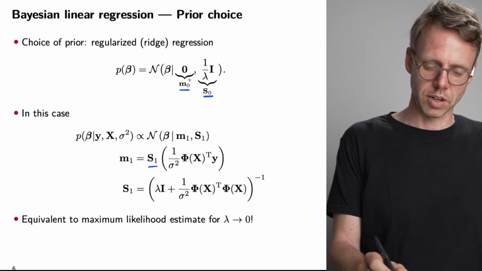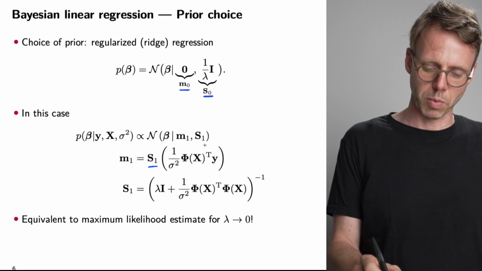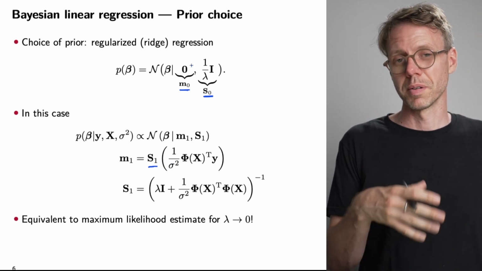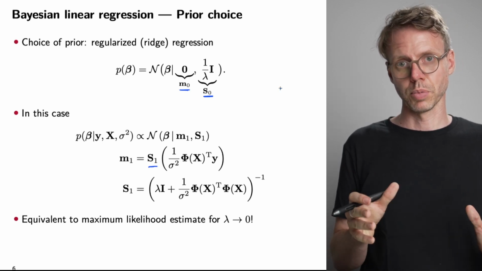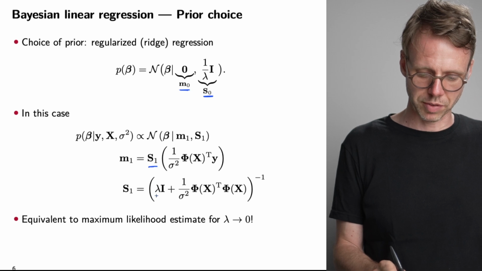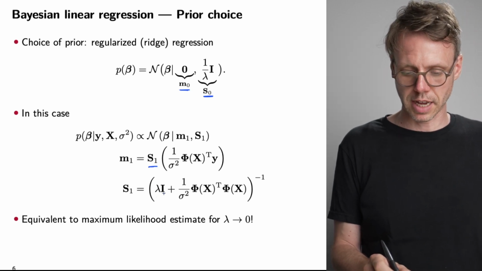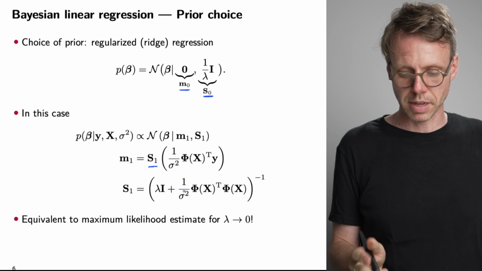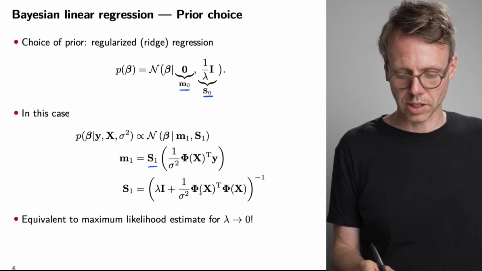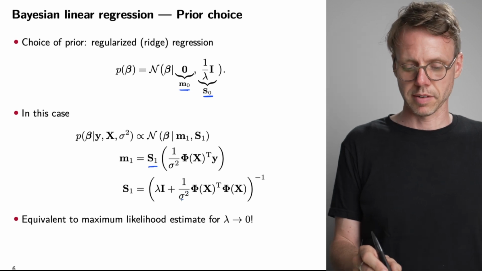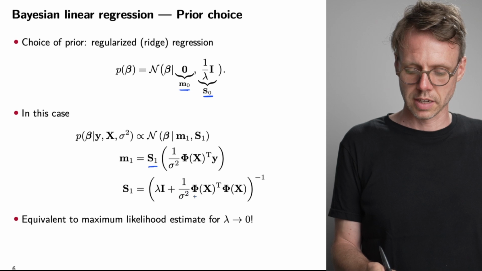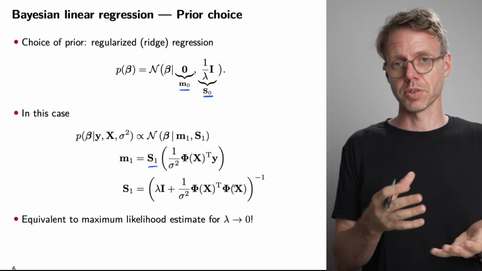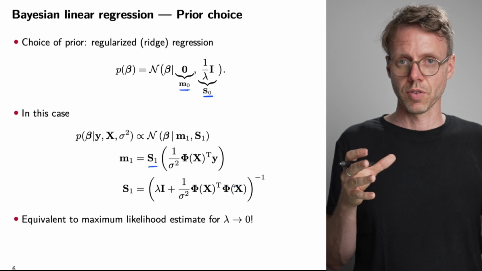The term that depends on M0 goes away because our prior mean is 0, and the posterior covariance S1 is given by the inverse of the prior covariance, so lambda times I, plus the term here that depends on the design matrix and the variance of the likelihood, so 1 divided by sigma squared, the variance of our data, times phi of x transpose phi of x, so that's a scatter matrix of our feature vectors.